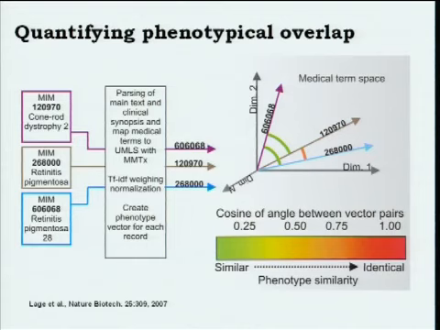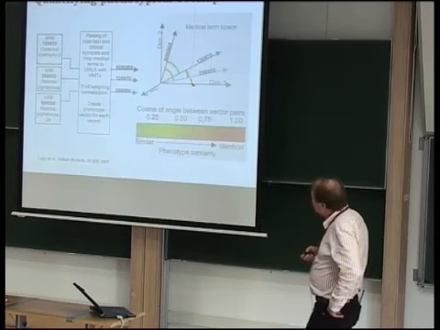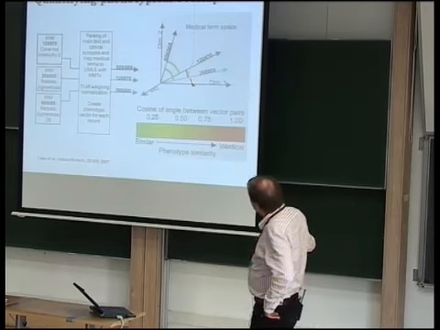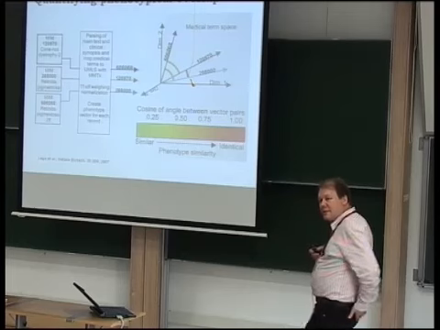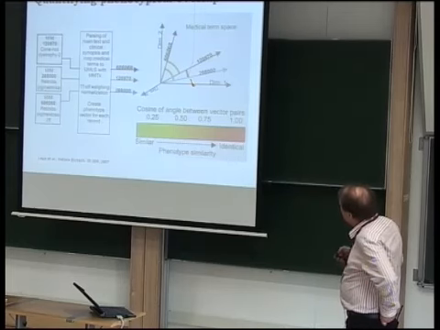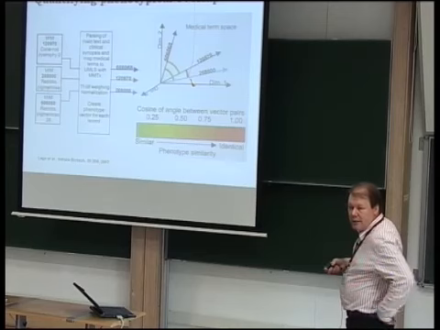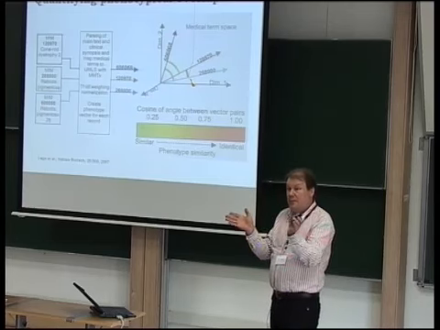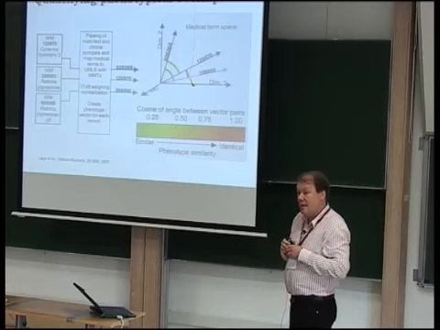So our approach was designed in this way, and was published last year, where we essentially take, in this case, text from the OMIM database, and then we use these programs to map the text to UMLS, and then there's a lot of weighting and a lot of details, but out of this you will get word vectors that describe a specific disease, and then you can, for example, just measure the angle between them if you would like to quantify the similarity between, for example, schizophrenia and breast cancer.